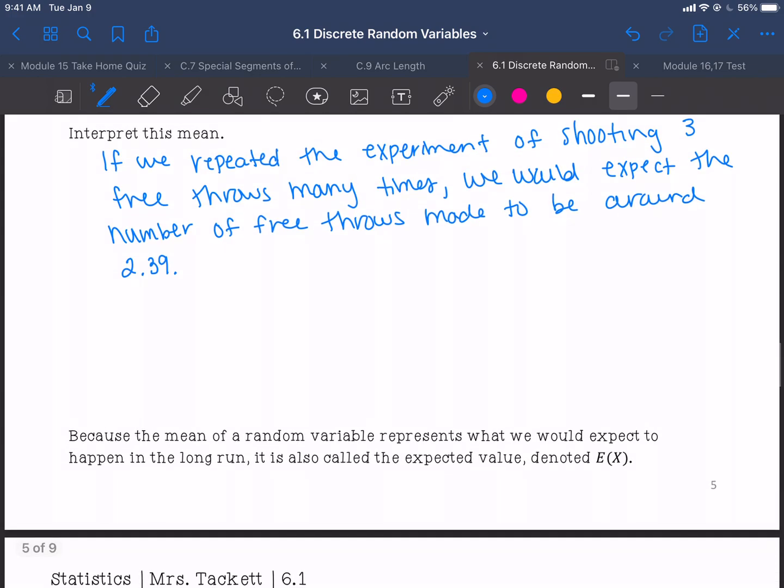So because the mean of a random variable represents what we would expect to happen in the long run, it is also called the expected value, which is denoted E of x. So if you are asked to find the expected value, you're just being asked to find the mean of the random variable.